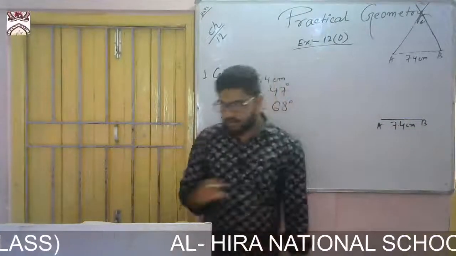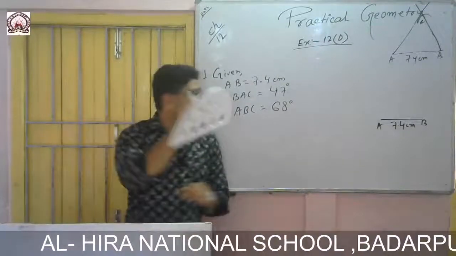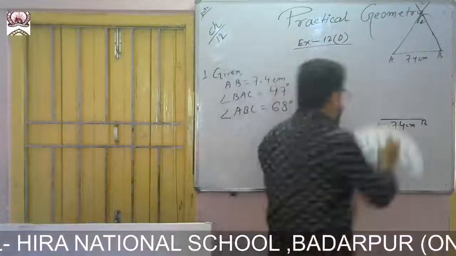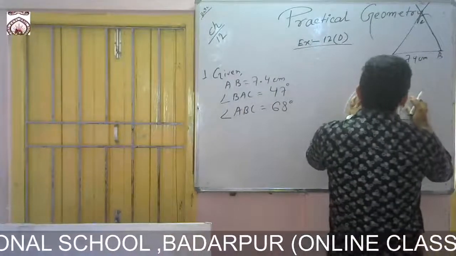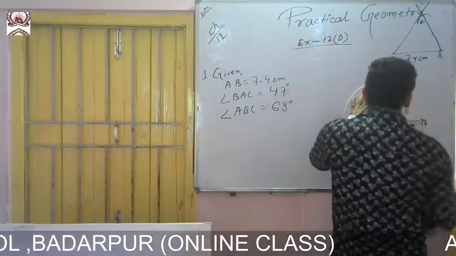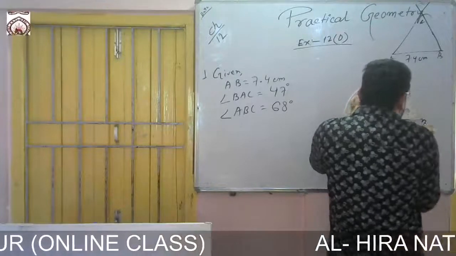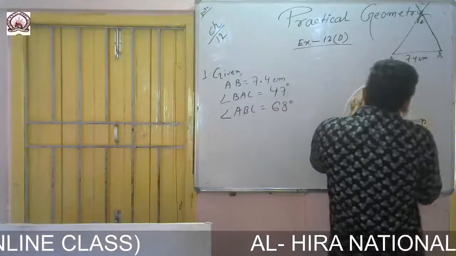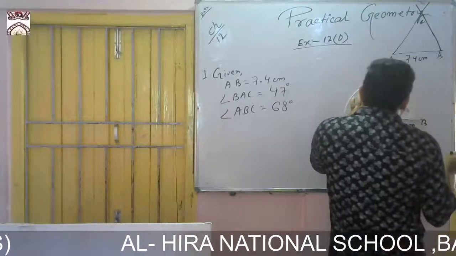Now place your protractor at A and measure 47 degree. Whenever you place your protractor at A, you need to count from right to left.